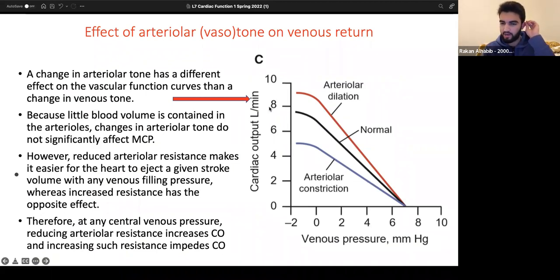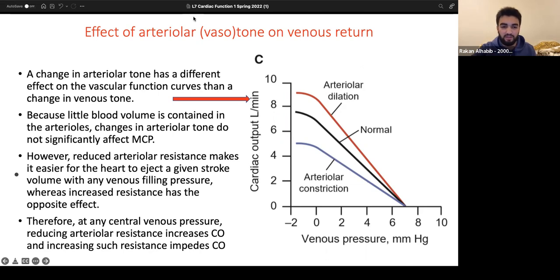If I have higher systemic vascular resistance, I will have less cardiac output, which is here. If I have less systemic vascular resistance, I will have arteriolar dilation, and therefore more cardiac output. That's basically it. I hope this is simple.